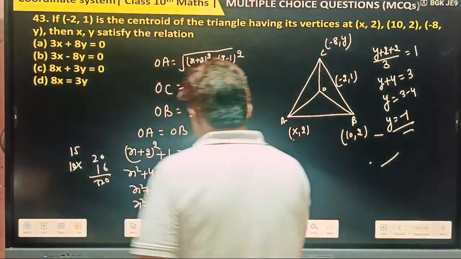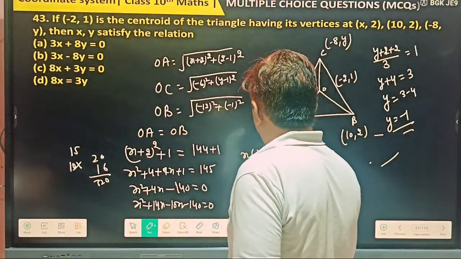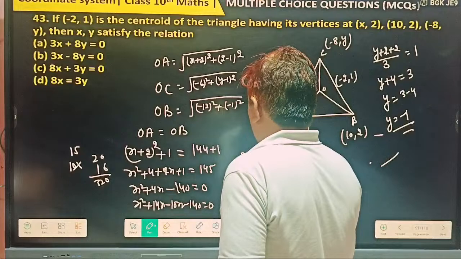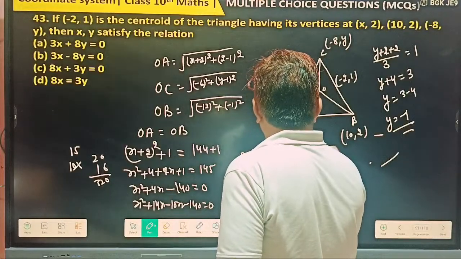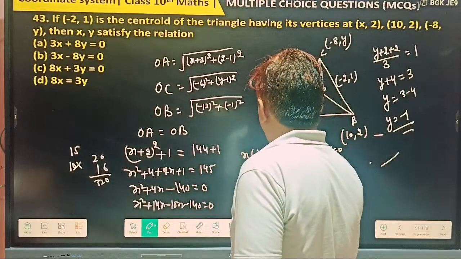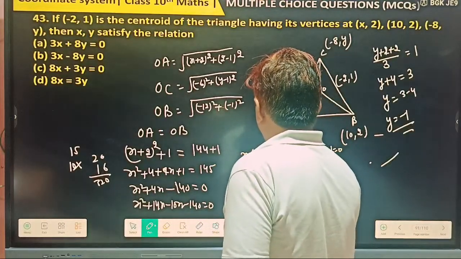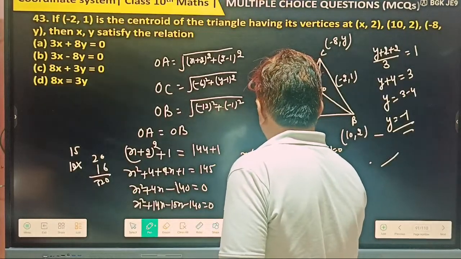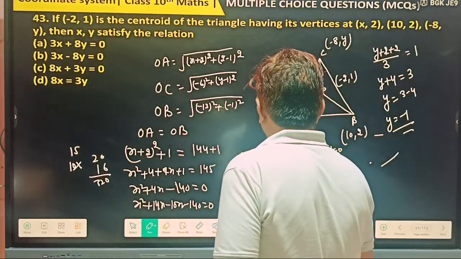So x take common: x plus 14 and minus 10, x plus 14 equal to 0. So x plus 14 and x minus 10 equal to 0. So x equal to minus 14 or 10.